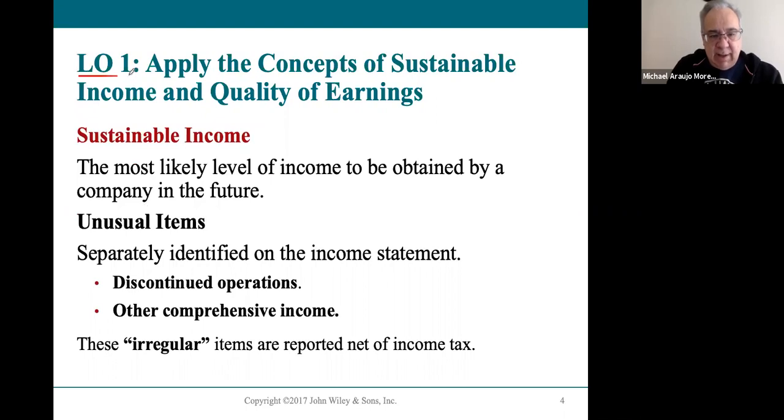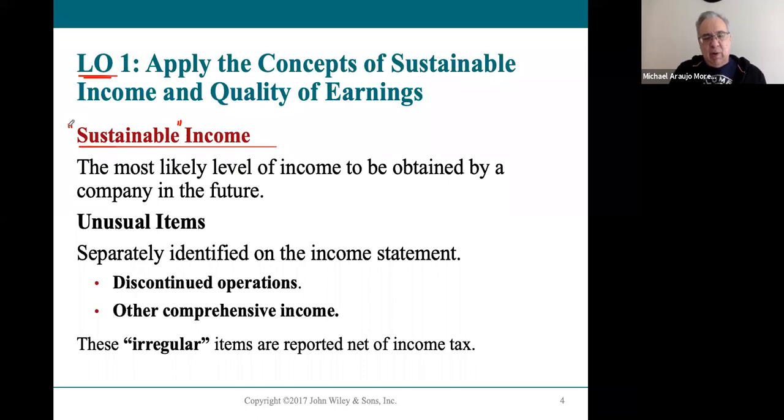All right, so these are concepts that are important to understand. So the first thing is this concept called sustainable income. So what is sustainable, right? Sustainability, there's a lot of movement on that today.